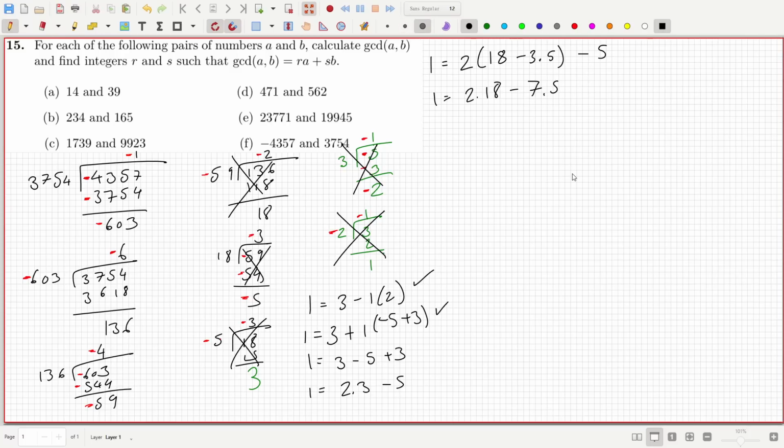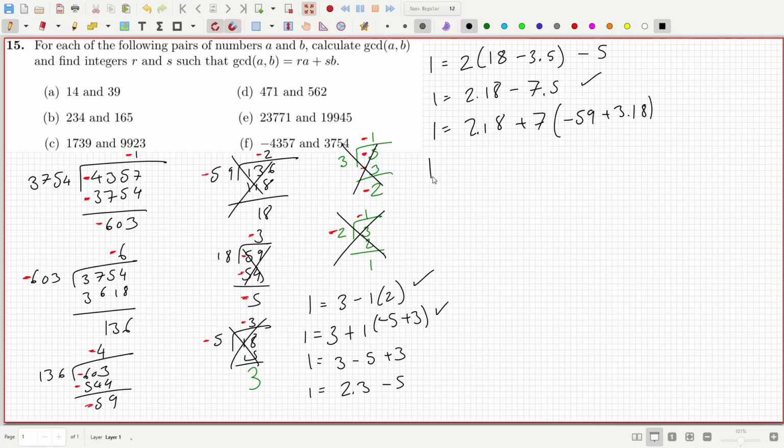Now, let me check if that's still right. That's 36 minus 35, so that's still right. Yep, okay. Now I've got to replace the minus 5, so that's 1 equals 2 times 18 plus 7 times minus 5, which is minus 59 plus 3 times 18.